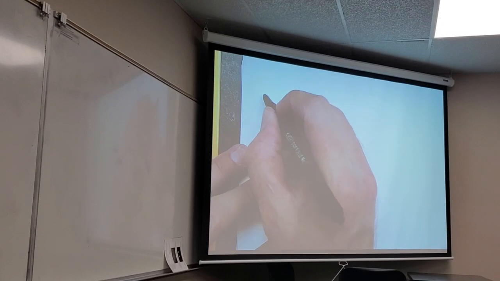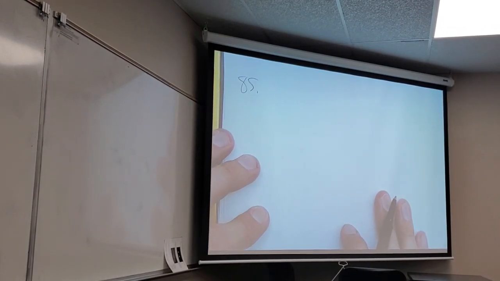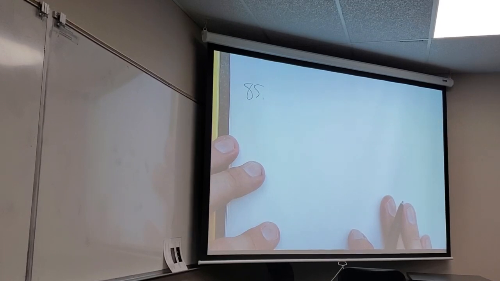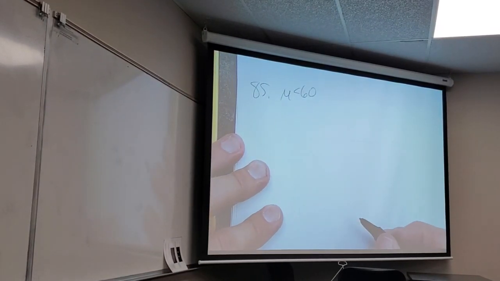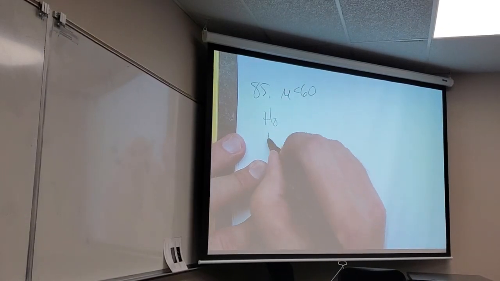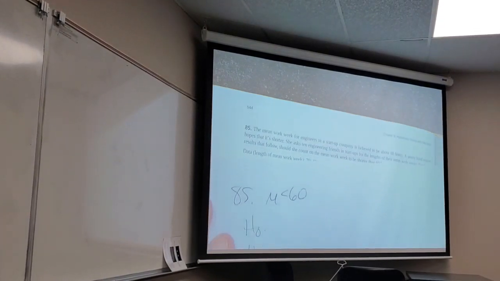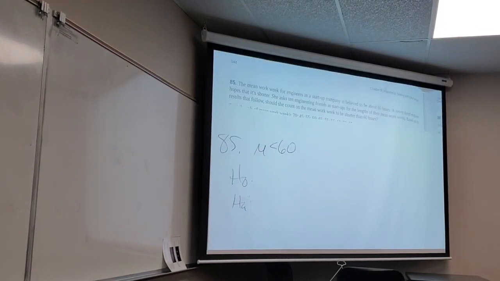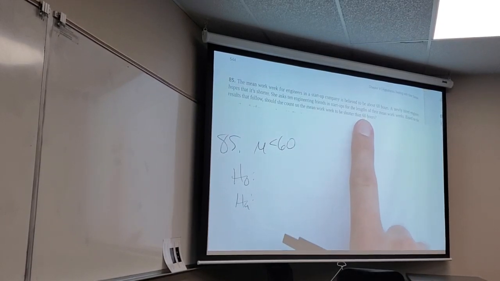So the claim is the mean is shorter than 60 hours. So the mu is less than 60. So that's going to go where? We'll do this. Right? Shorter than 60 hours.